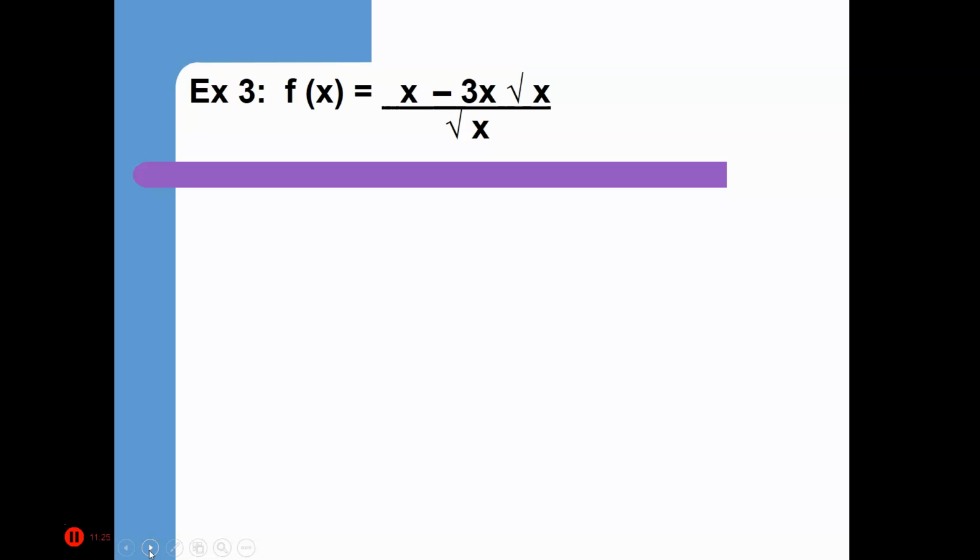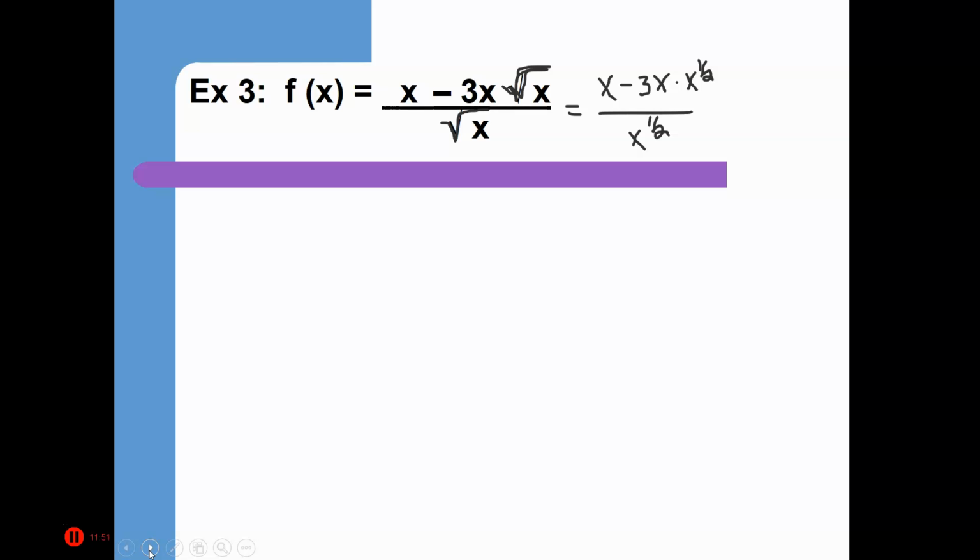So yesterday we talked a lot about square roots and how in order to do a square root, you need to rewrite it as a fraction, right? So this is x minus 3x times x to the 1/2 over x to the 1/2.